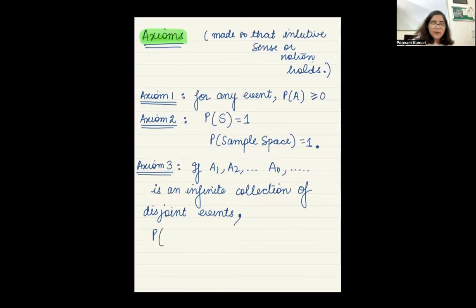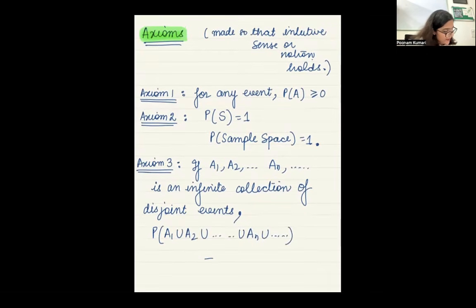If you have an infinite collection of disjoint events, and you have to find the probability of the event A1 union A2 union A3 up to AN, and it keeps going on because it is an infinite collection, that probability can be calculated by simply adding the probabilities of these individual events, the sum over I going from 1 to infinity.